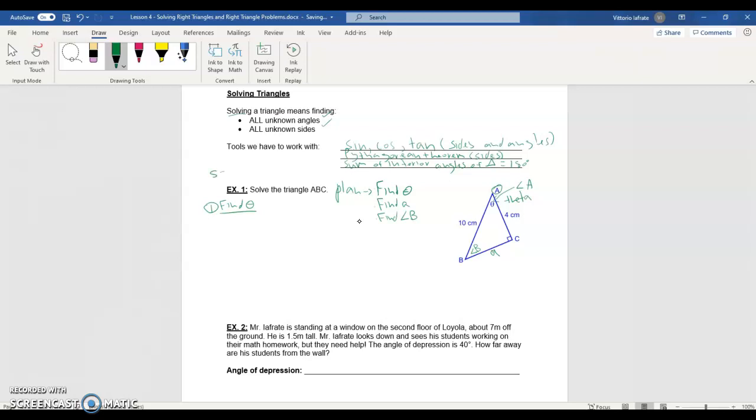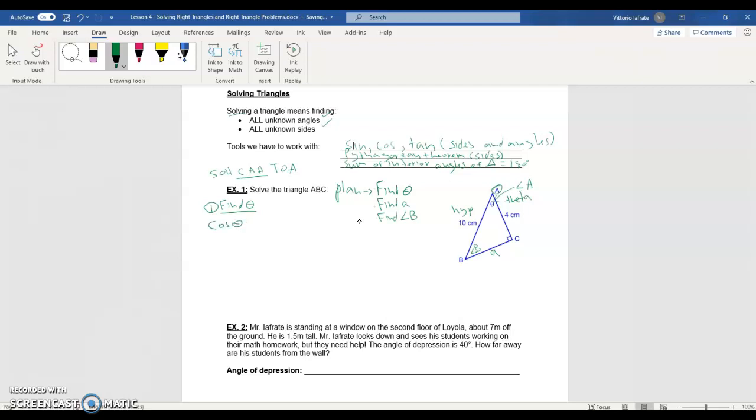So I'm just going to put a little note here: SOH CAH TOA. We have a few different sides that are known to us. We know this is the hypotenuse all the time because it's opposite of the 90-degree angle. So we have an adjacent and a hypotenuse. So adjacent and hypotenuse is cos.